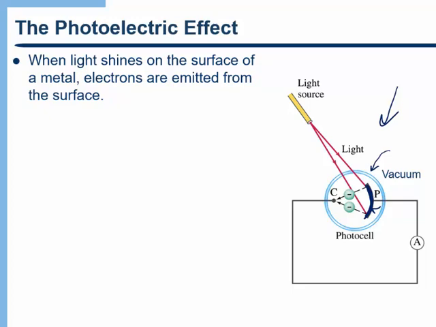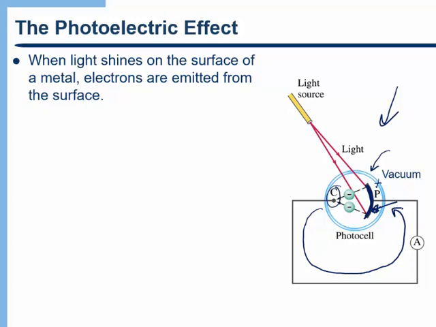Because we have a vacuum there, what we find is that the electrons that are emitted from our plate P are going to come out, and some of those electrons are going to hit this electrode at point C. Now, because the electrode at point C is connected back to the plate, and because the plate is becoming positive as it loses electrons, electrons will be attracted back to that plate through the circuit.